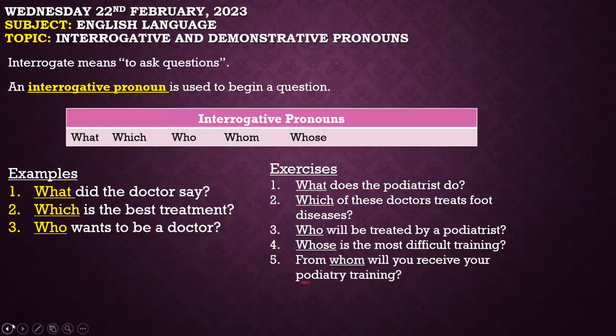All right. That wasn't the only type of pronouns that we looked at. We also looked at the interrogative pronouns. Daniel, can you tell me what is an interrogative pronoun? Daniel?